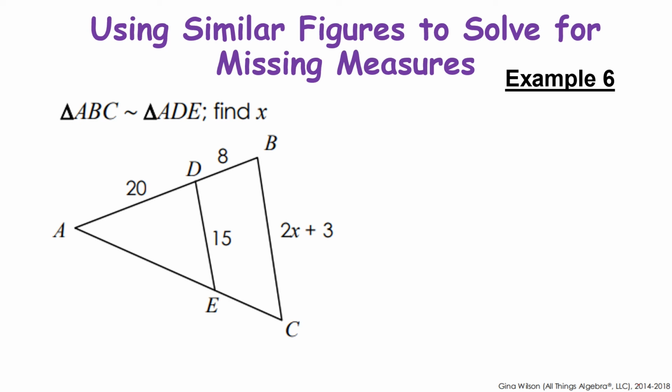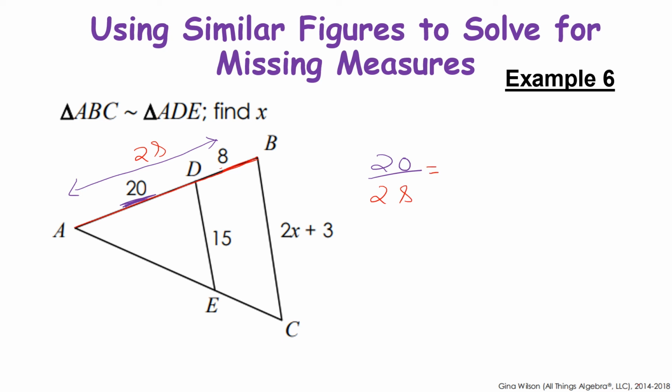If we look at side AB, the smaller triangle's side AD has a length of 20. And since AD is 20 and DB is 8, the length of AB is 28. So smaller to larger.